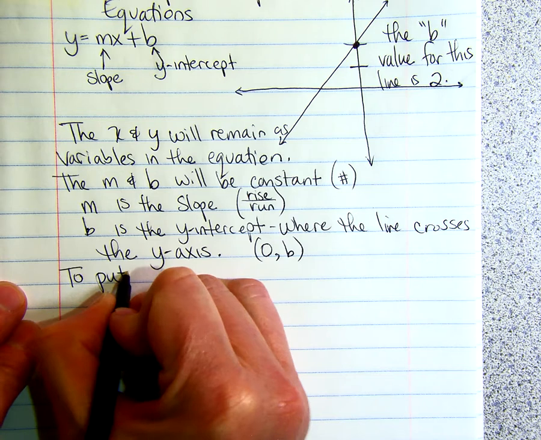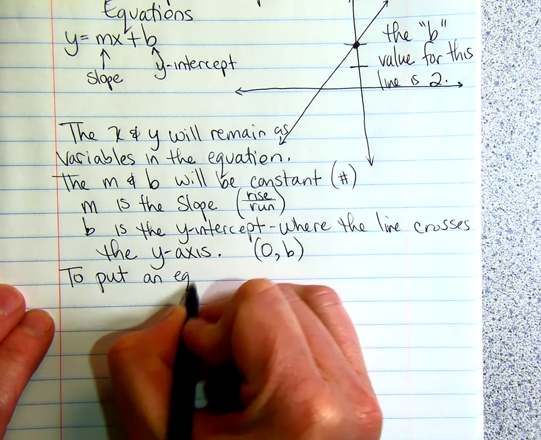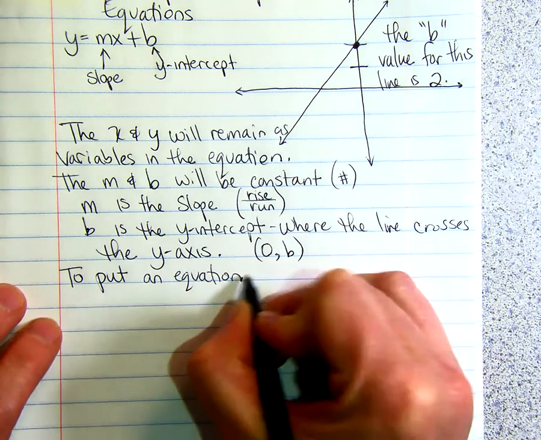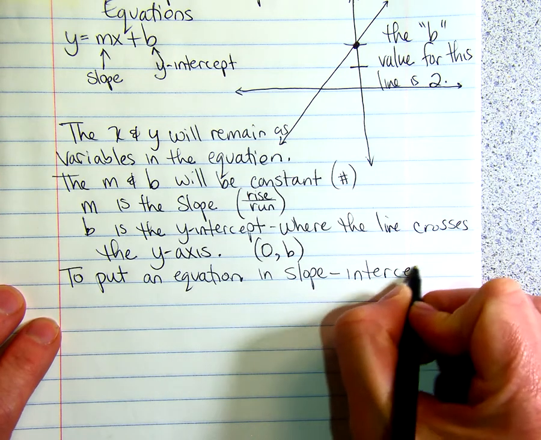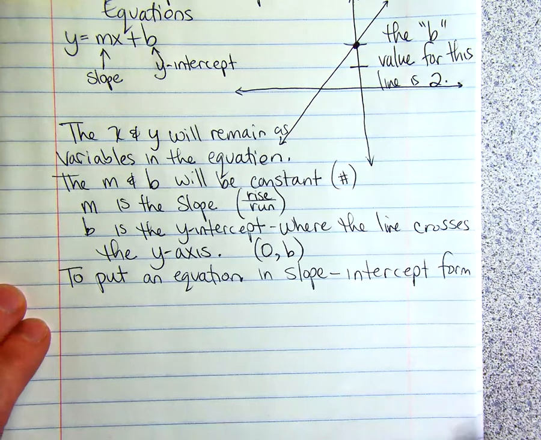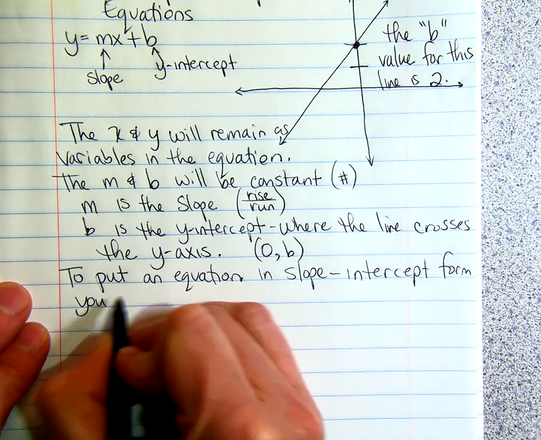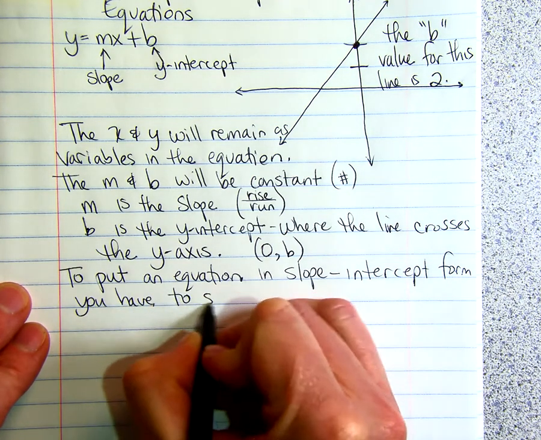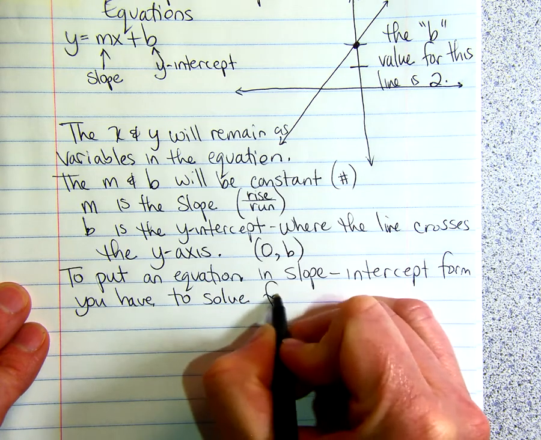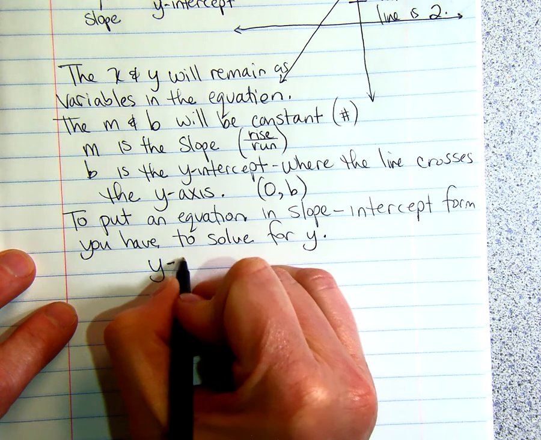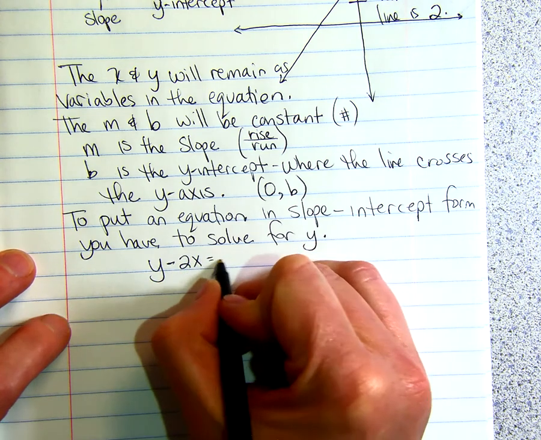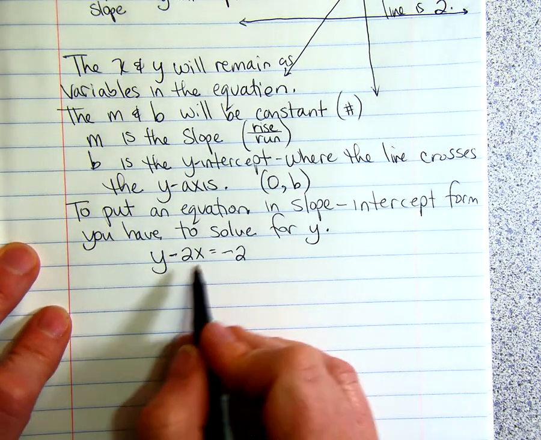To put an equation in slope-intercept form, you have to solve for y. So if you had y minus 2x equals negative 2, we need to get y all by itself.